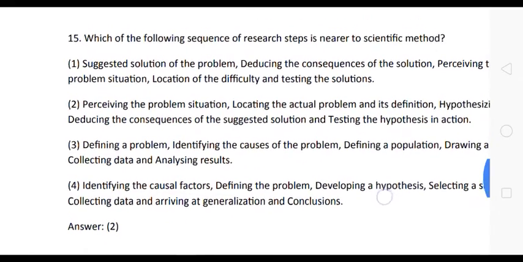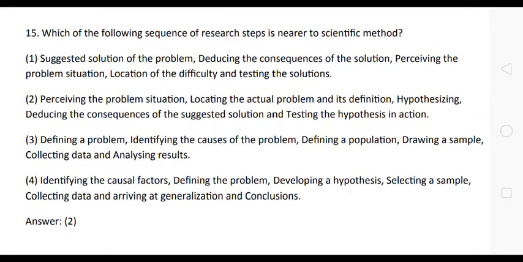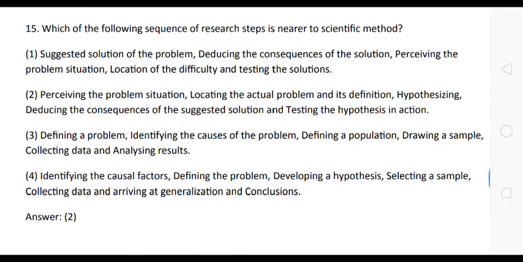Now let us see the next question. Which of the following sequence of research steps is nearer to scientific method? Here the correct answer is option 2. Perceiving the problem situation.